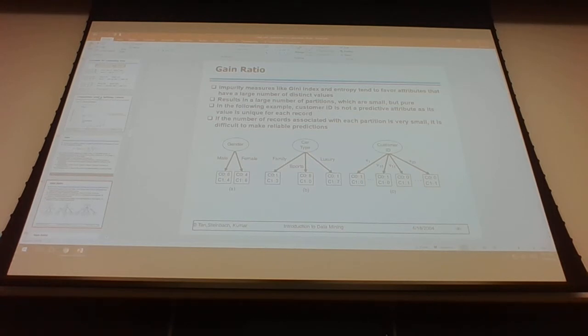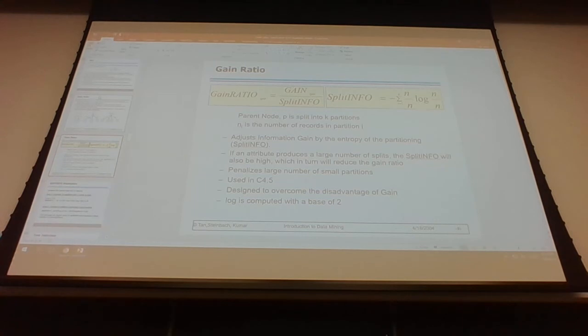Instead, what we find is the gain ratio, which means gain divided by some information regarding the split, the size of the split. So we take the gain and divide by the split info. And what is split info? It is the summation of ni by n log ni by n.